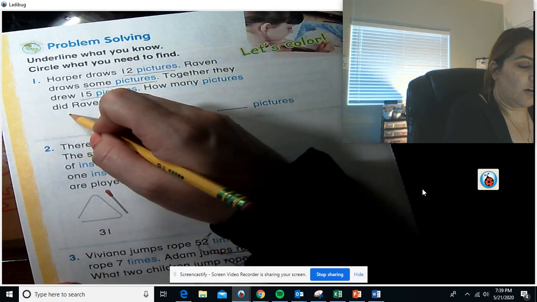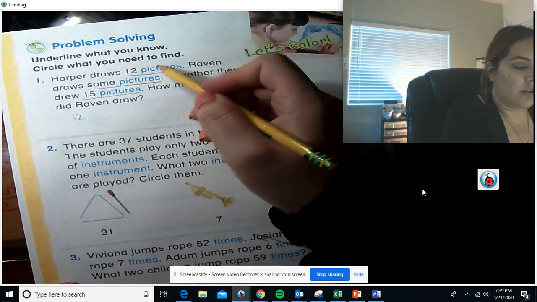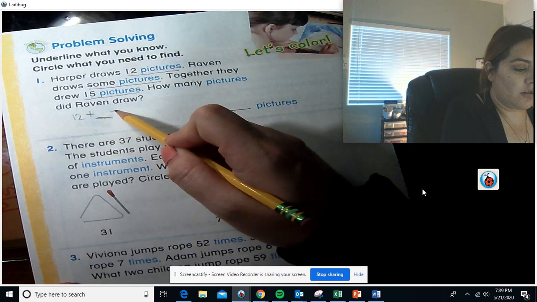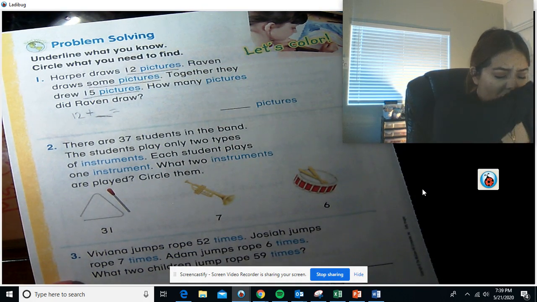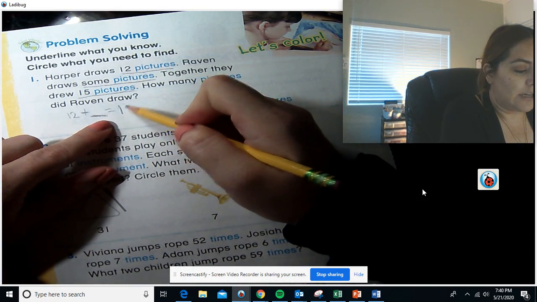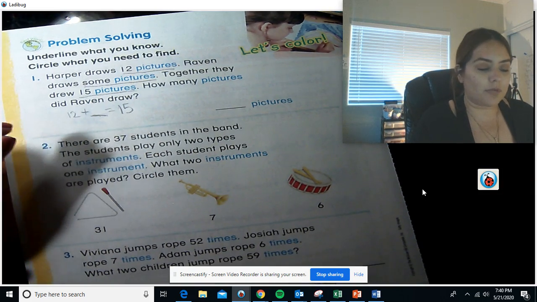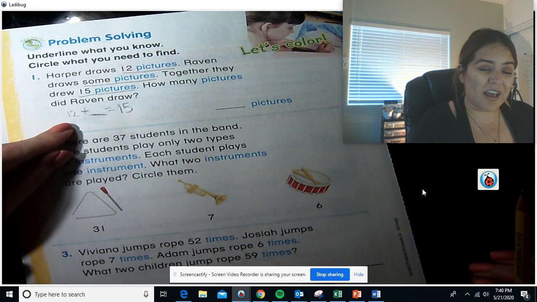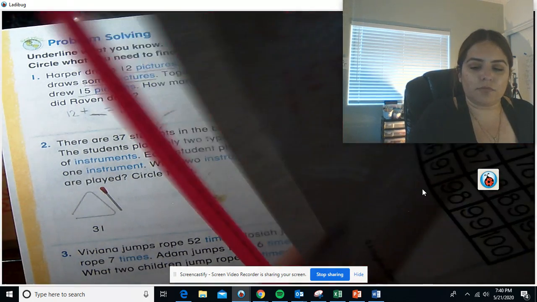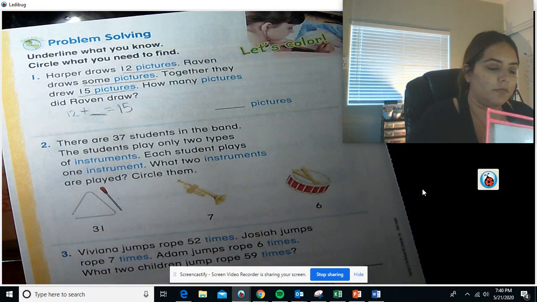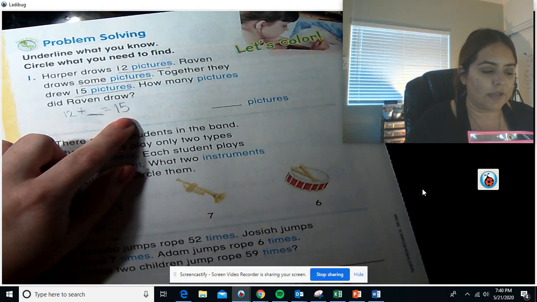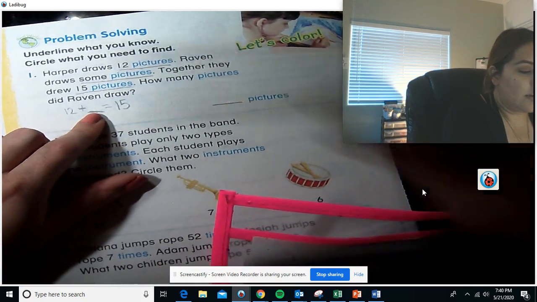So we know that Harper draws 12, and we don't know how many Raven draws. But we know that altogether they have 15, right? So for this one, I think I'm going to use my number chart. Harper and Raven together draw 15, but we don't know how many Raven draws.